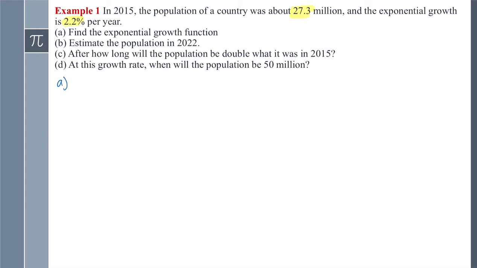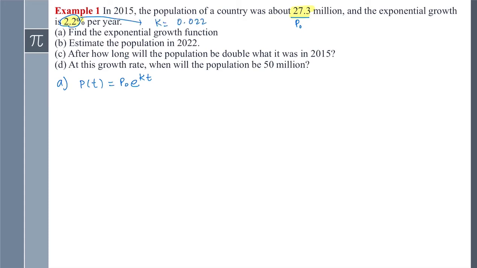We'll use the growth function, which is P of t equals P naught e to the kt. We need a couple of things here. We need the initial population, and we have that: P naught is 27.3. Then we have k, the growth rate, which is 2.2%, but we will change that into a decimal, so k equals 0.022.